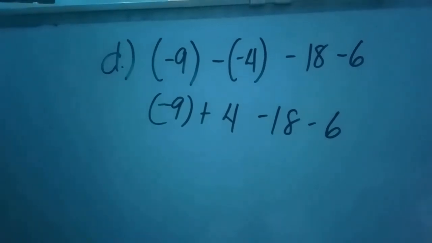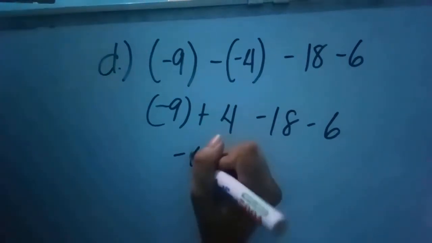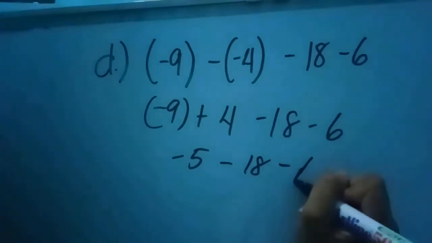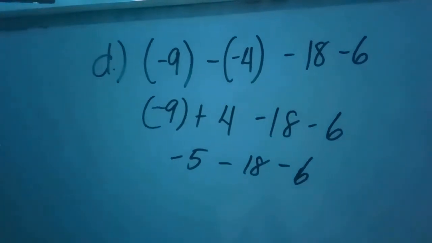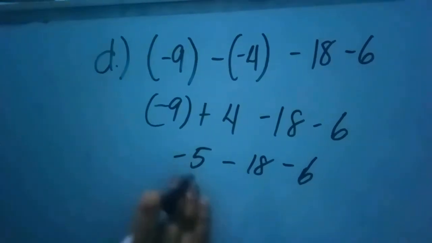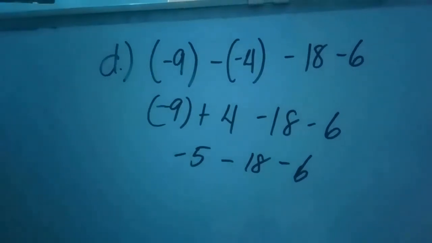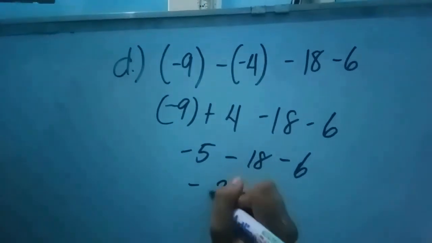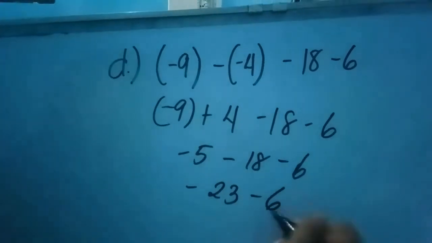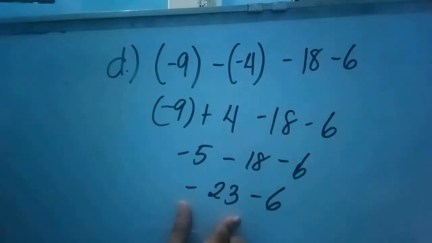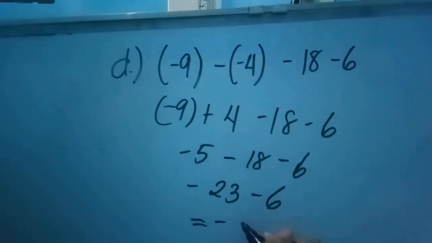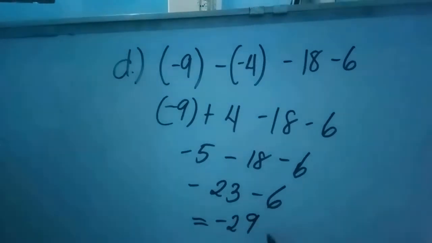Negative 9 plus 4 is negative 5 minus 18 minus 6. You can see we have negative 5 minus 18 is negative 23 minus 6. Therefore, negative 23 minus 6 is equal to negative 29.